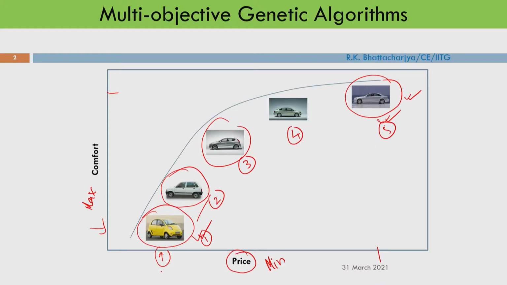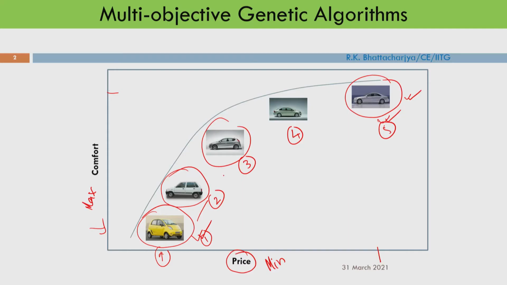I cannot tell which is better, because in terms of cost solution 1 is better, but in terms of comfort solution 1 is inferior to solution 2. Similarly, in terms of comfort solution 2 is better than solution 1, but in terms of cost solution 2 is inferior to solution 1. Therefore, I cannot compare the solutions. We call it a non-dominated solution, that means one solution is not dominating the other solution.